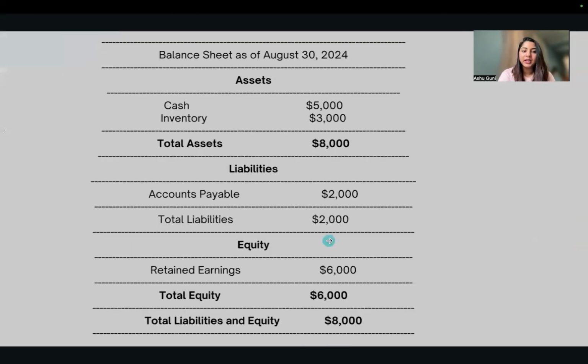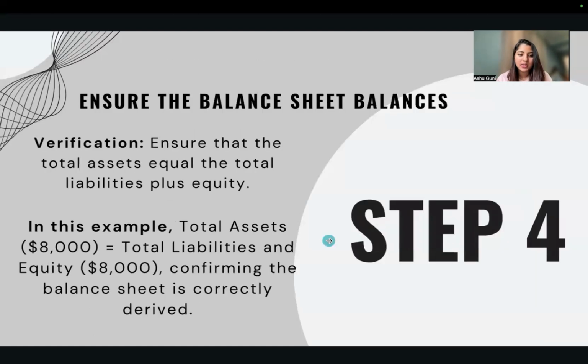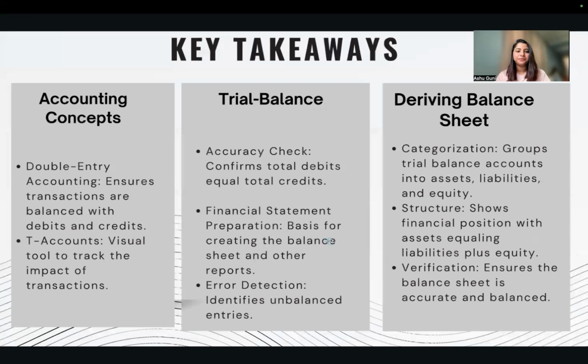As we can see here, total assets is 8,000, liabilities is 2,000 and equity 6,000, and later we can see total liabilities plus equity gives us 8,000. So here total assets is equal to total liabilities plus equity, and it confirms that the balance sheet is correctly derived.